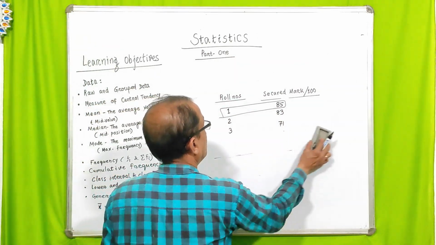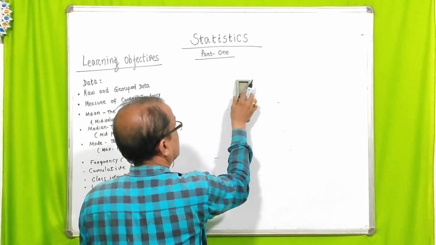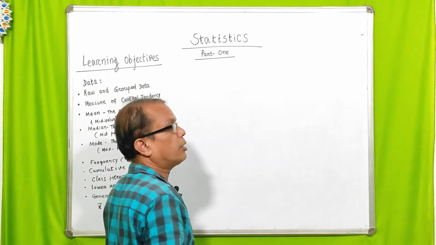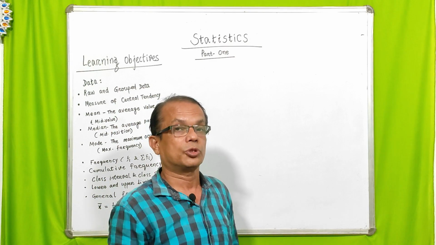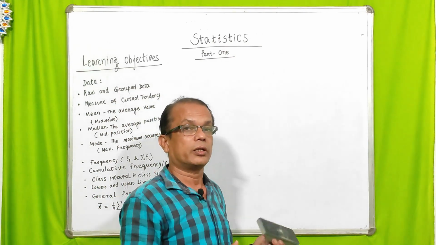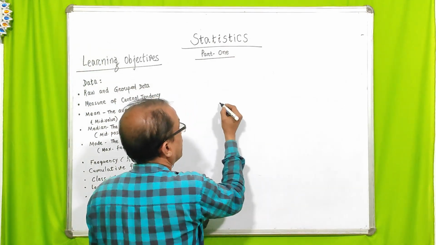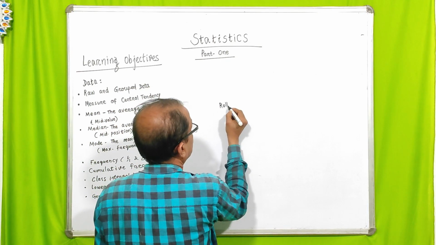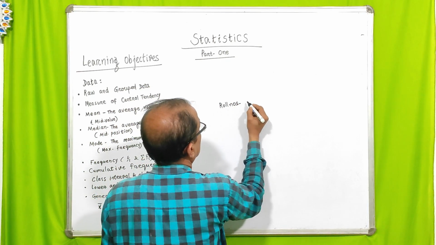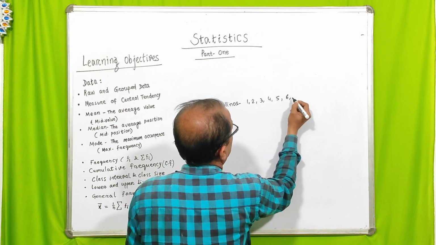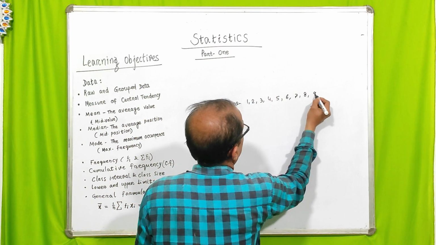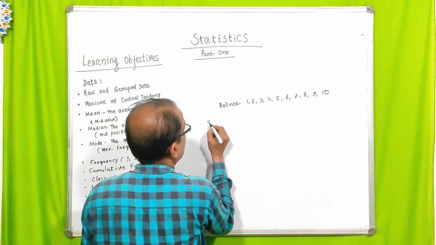So, when we are collecting data, suppose I have surveyed some students in a class and their secured marks, and I write roll numbers like this. And secured marks.